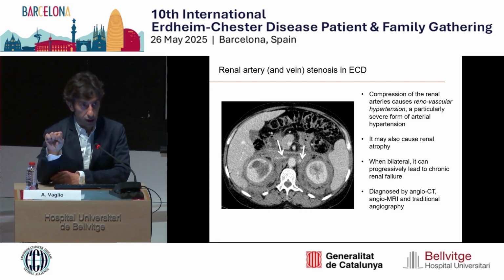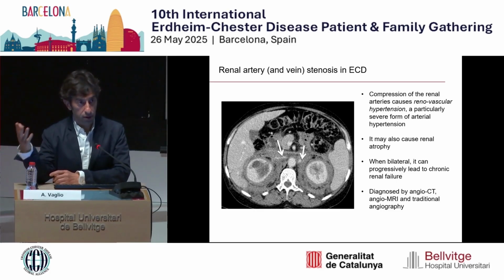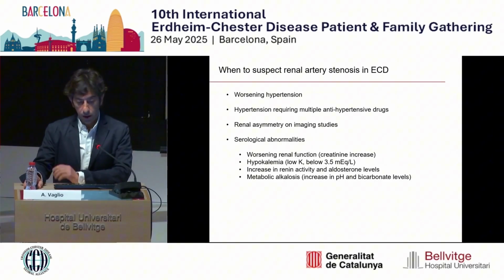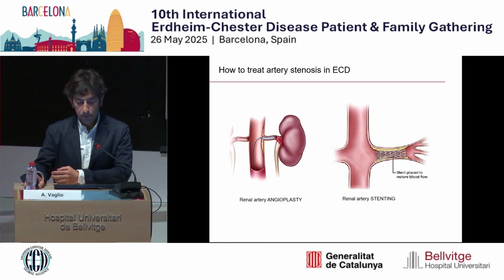If you compress the renal artery, you can get what we call renal vascular hypertension, a type of hypertension which derives from the involvement of the renal artery. This should be suspected; it is present in about 1/4 of the patients. It can be suspected when on imaging there is involvement of the renal hilum.